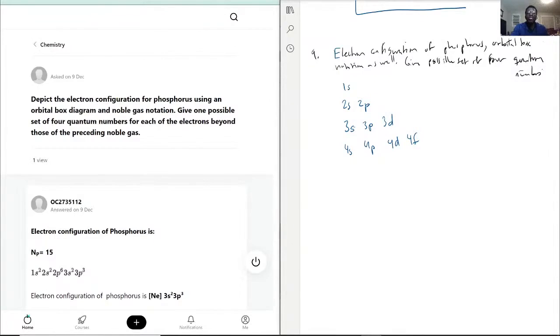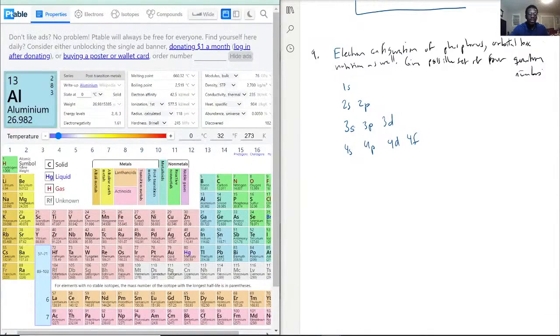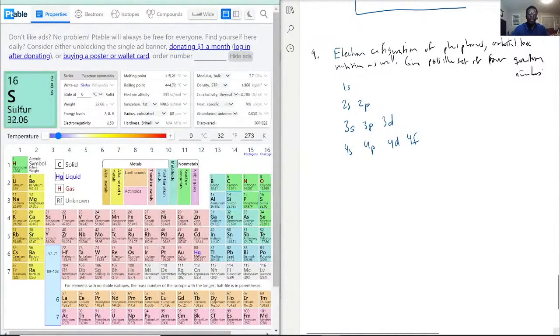for those preceding the noble gas, okay, with all that being said, phosphorus is the 15th element, so it blasts right through the first shell. So hydrogen is done, and helium, so we have 1s2. And then for the 2s row, it's past lithium and beryllium, so we have 2s2.